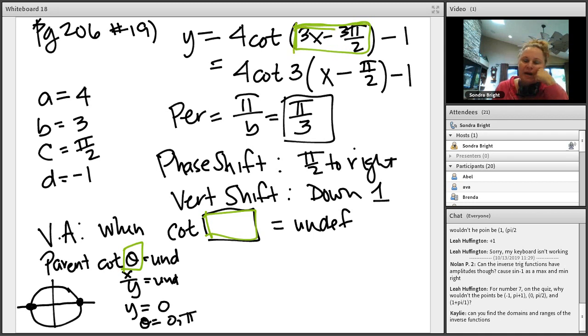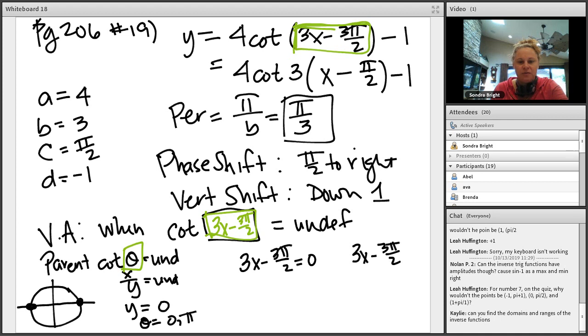That is changing where they're undefined, and so there's a 3x minus 3 pi over 2 there. So you're going to set that equal to where cotangent normally has asymptotes. So you'll have 3x minus 3 pi over 2 is equal to 0, and then also 3x minus 3 pi over 2 is equal to pi. Adding 3 pi over 2 to both sides and dividing by 3, x would be pi over 2, which will be one asymptote.